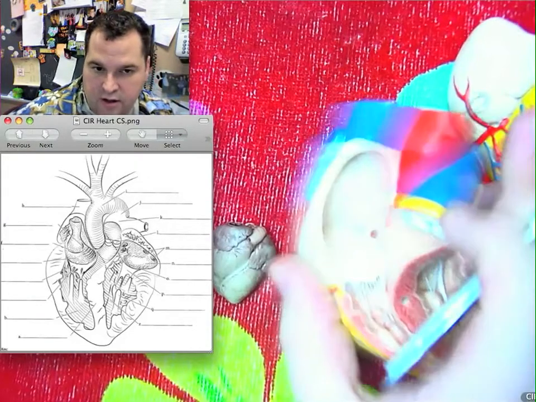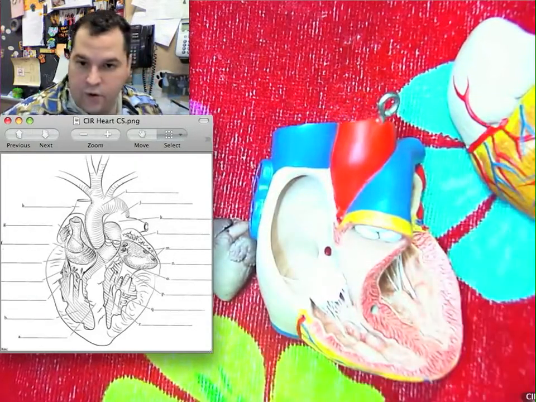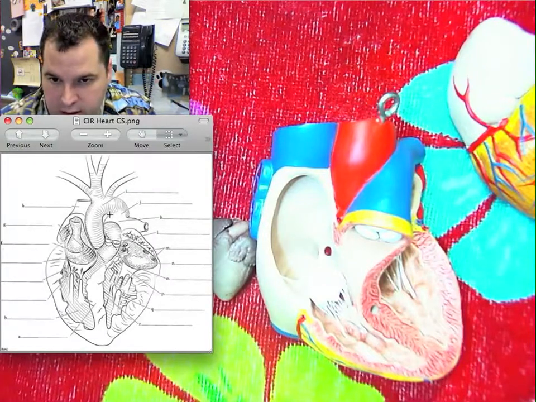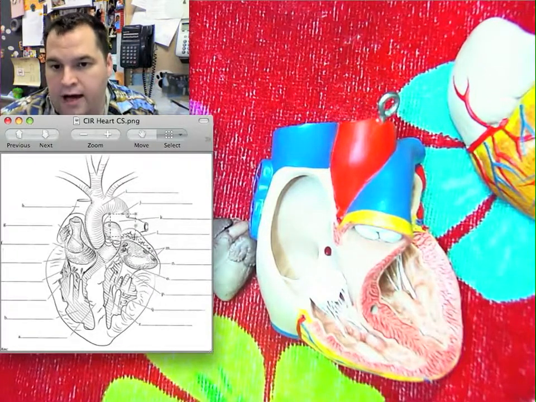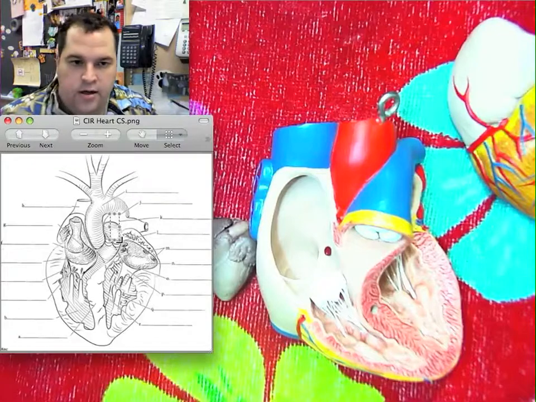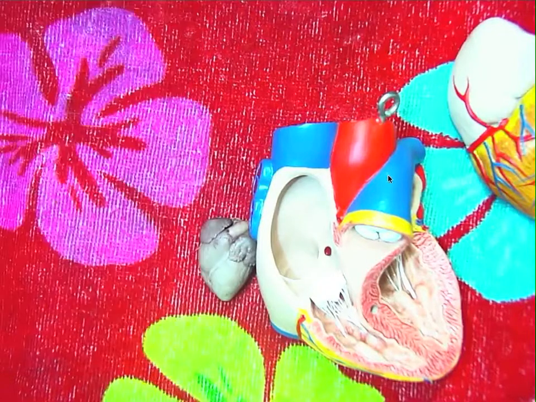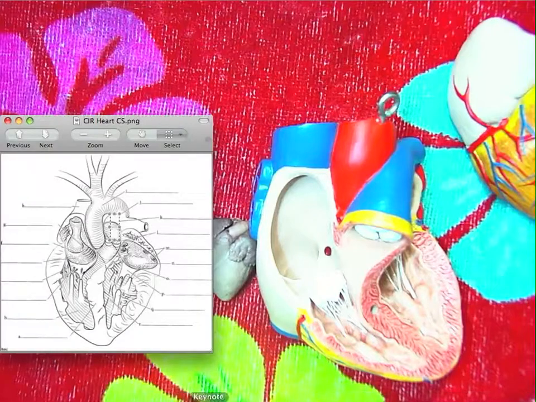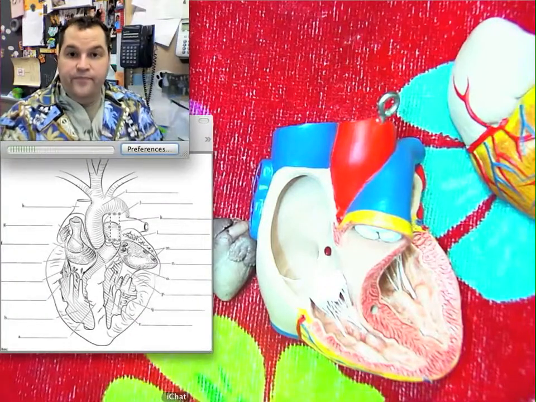So if we're looking at the heart, hopefully we're seeing that. And then of course this structure here on your diagram, the pulmonary artery, is actually here on your actual diagram. Sorry, I keep vanishing on you.